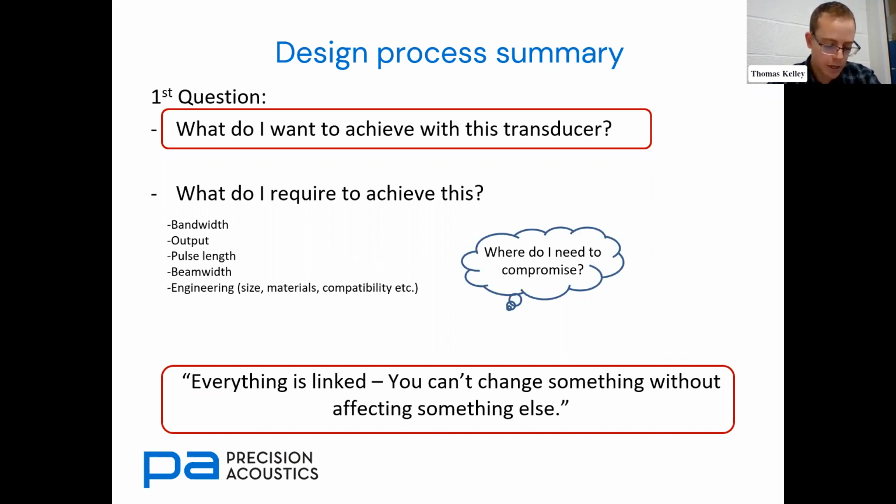And it's worth thinking about what you can compromise and what you can't compromise on. Because as we said, a lot of applications will require compromise somewhere. So it's really good to establish in your own mind which parameters you're willing to compromise and which can't be compromised.